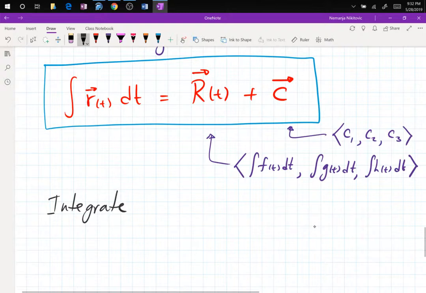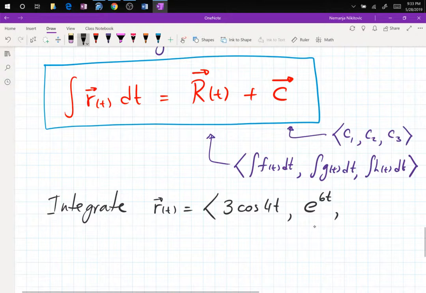So integrate r of t: 3 cosine 4t, e to the 6t, and 1 over t.